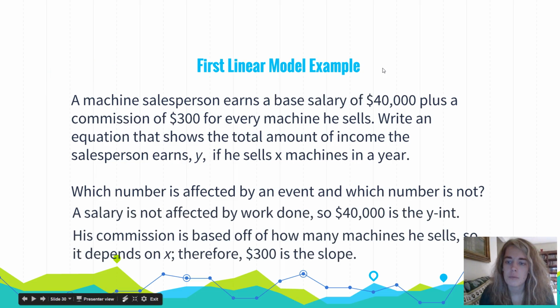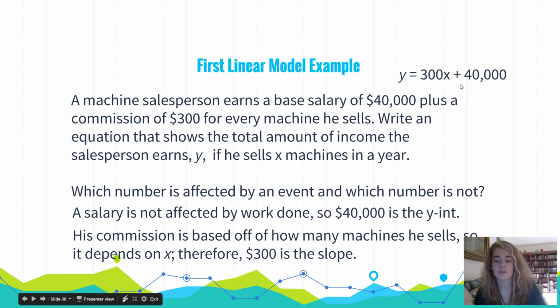So the equation that we have, up top, is going to be this. Anytime that you recognize what the slope is, that's attached to your independent variable. In this case, it's talking about machines in a year. And then that y-intercept is attached on the end, so we're adding the $40,000.